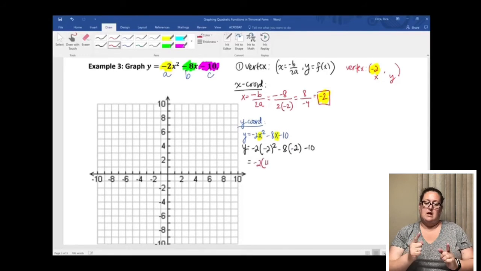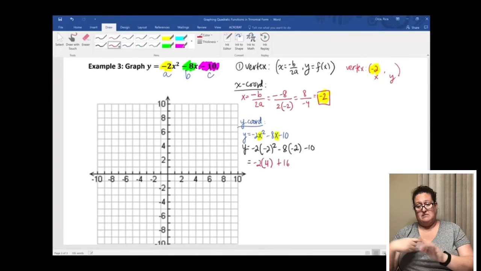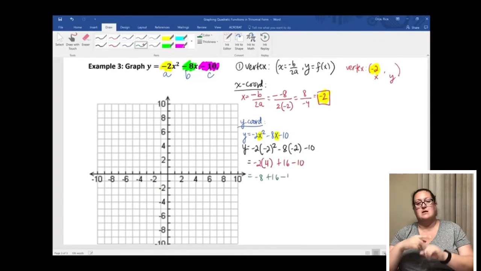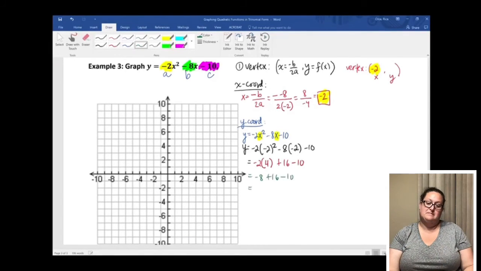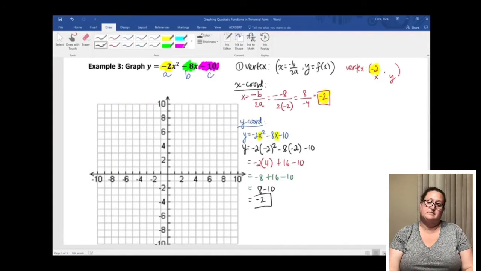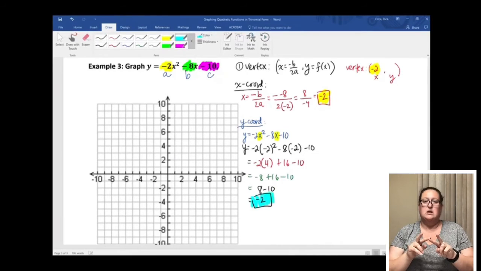Negative 2 squared is 4. Negative 8 times negative 2 is positive 16, minus 10. Negative 2 times 4 is negative 8, plus 16, minus 10. Negative 8 plus 16 is 8, and 8 minus 10 is negative 2. So the y-coordinate of our vertex is negative 2.